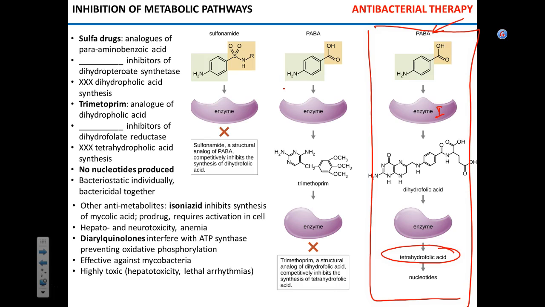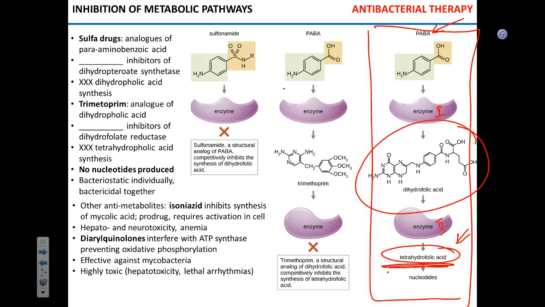So enzyme 1, okay, which produces dihydrofolic acid. Dihydrofolic acid is then converted into tetrahydrofolic acid by the dihydrofolate reductase, or we're going to call it enzyme 2. And eventually tetrahydrofolic acid is used as the substrate for synthesis of nucleotides, components of DNA.